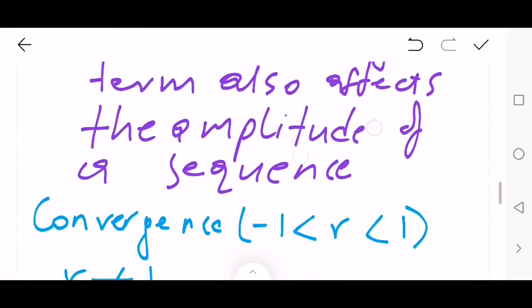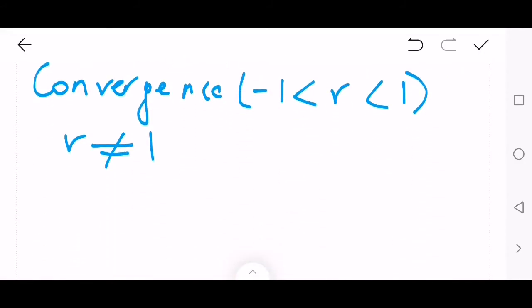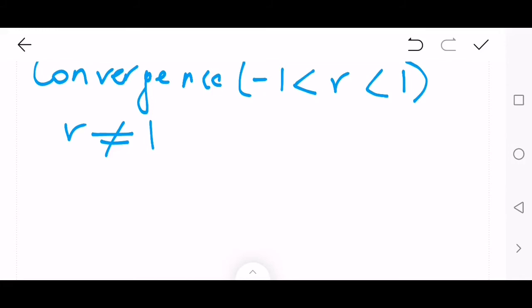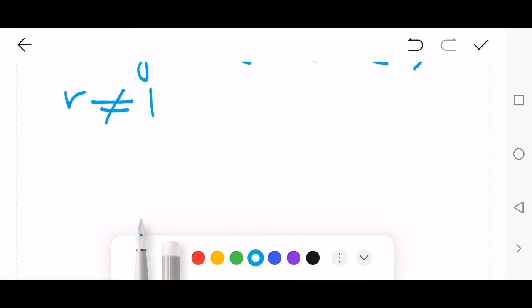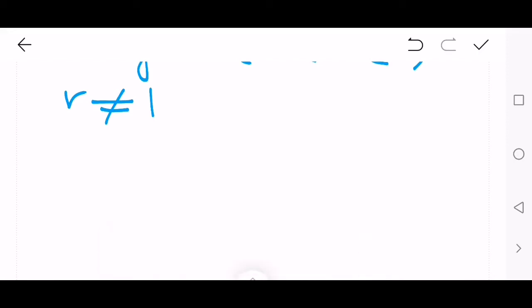The second way of explaining convergence is by looking at the sum to infinity of sequences. Let us calculate the sum to infinity for the sequence that has the constant ratio of 1/2.